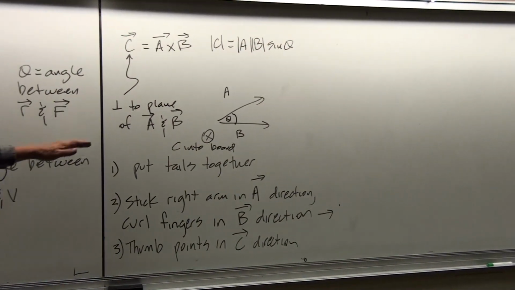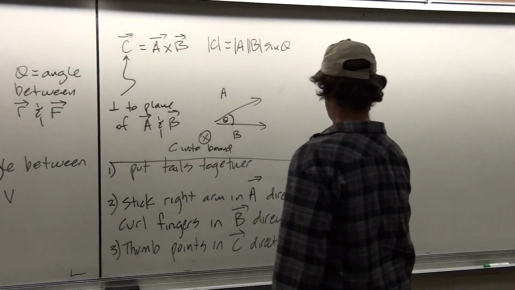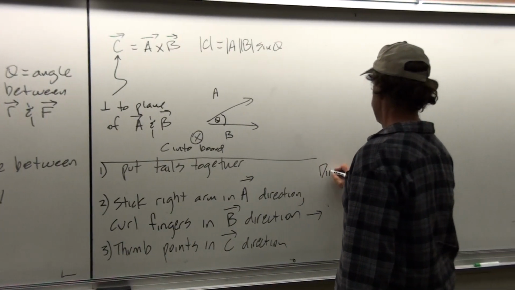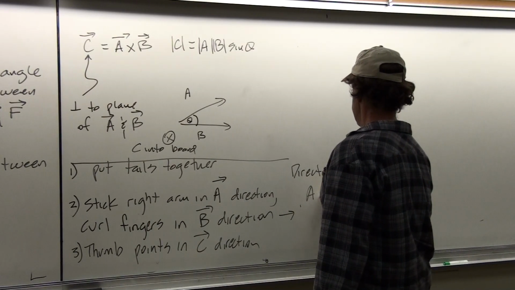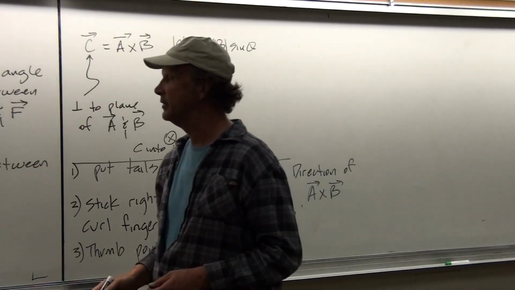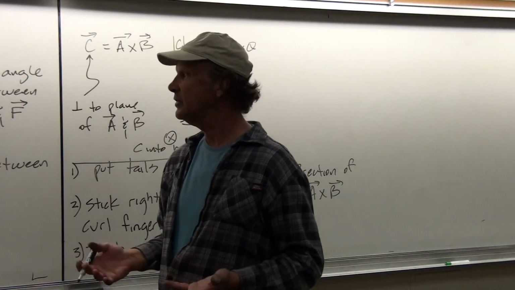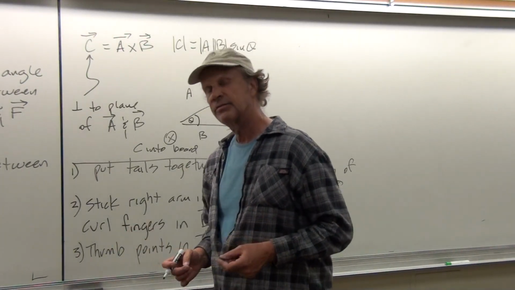So that's our general procedure for getting the direction of A cross B, where A and B are just two arbitrary vectors. Now, in this class, we're going to have some situations where we need to do that.